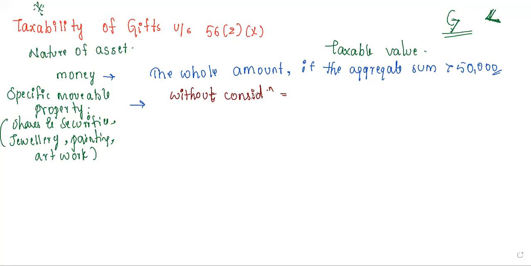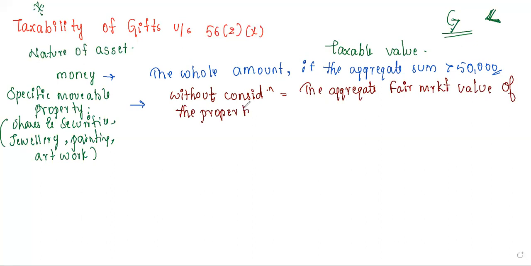If something is given without consideration, then the aggregate fair market value of the property, if it is greater than rupees 50,000, is taxable. If it is without consideration, more than 50,000 will be taxable; lesser than 50,000 is not taxable.